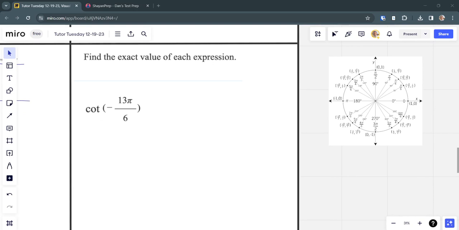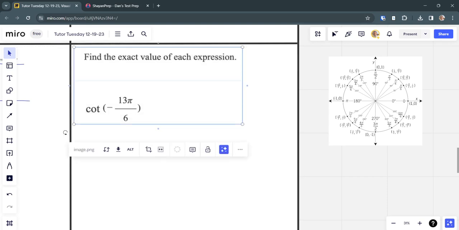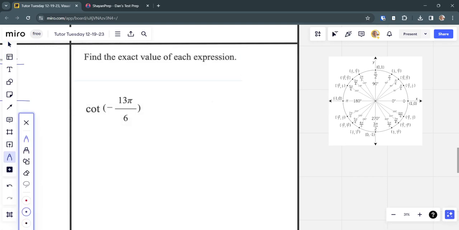So, cotangent of -13 pi over 6. It's interesting. Well, cotangent is what? Cotangent is the reciprocal of tangent, right? So like, yeah, we can do a trig SAT after this.